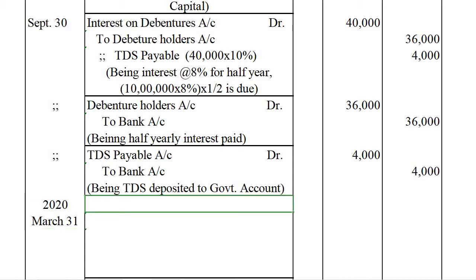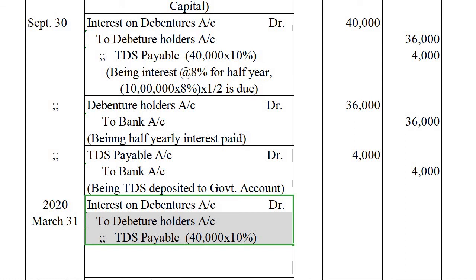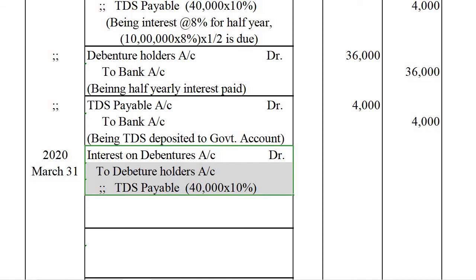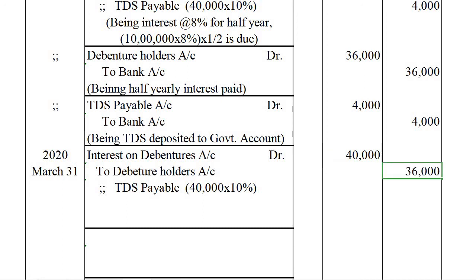The date is given, and we should write the same journal entry here also. That means interest on debentures debtor, 40,000 is the total amount, then to debenture holders 36,000, only 90% of the 40,000 rupees, and the remaining 10%, that is 4,000, will be given to the government.